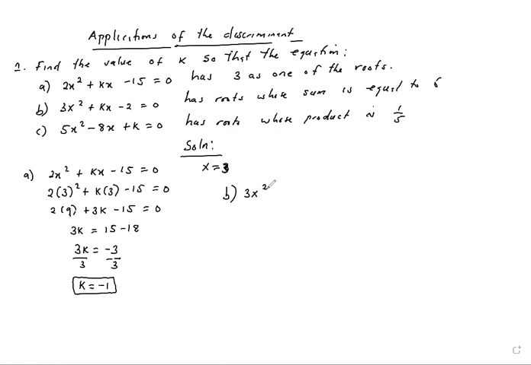B: 3x squared plus kx minus 2 is equal to 0 has roots whose sum is equal to 6. So this one is not yet using the discriminant. It was a left part on the sum and product of the roots. So we know that the sum alpha plus beta is gotten as -b/a.